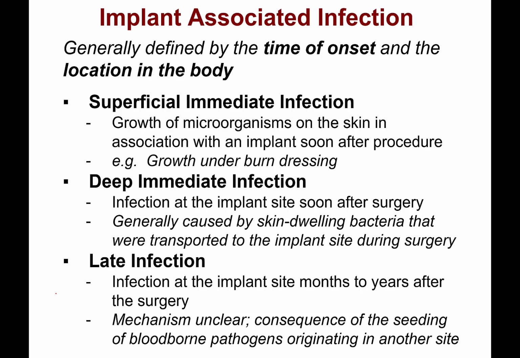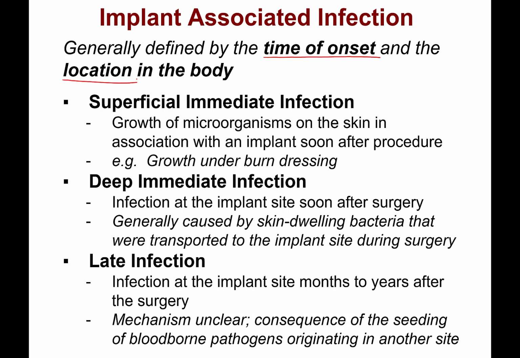So when we think about our implant-associated infections, we can classify them a few different ways. So really, this can be done based on the time of onset and then the location in the body. So we can have superficial immediate infections. So in this case, it's growth of microorganisms on the skin that is in association with an implant or soon after a procedure.